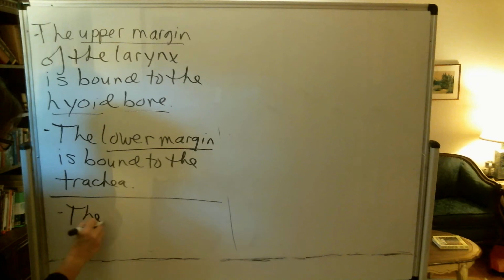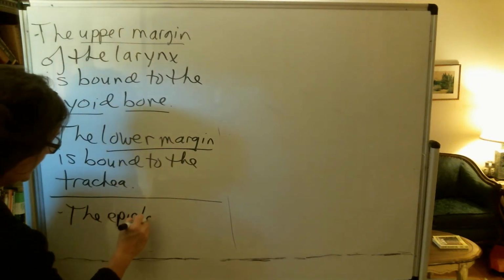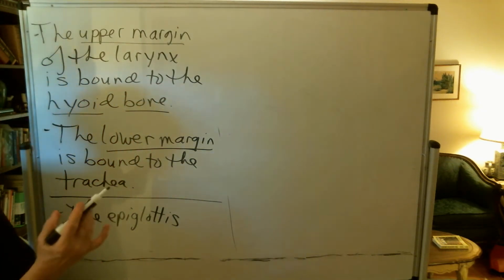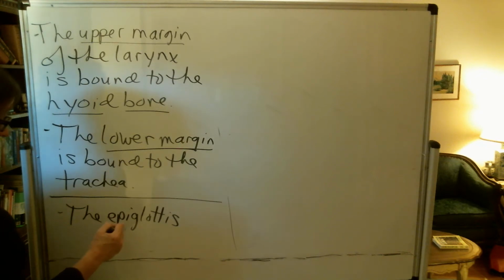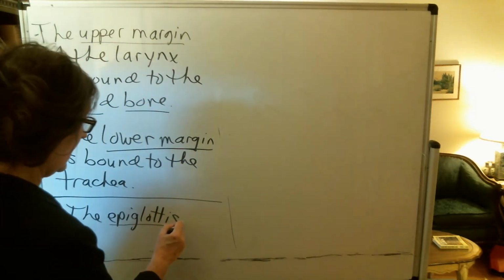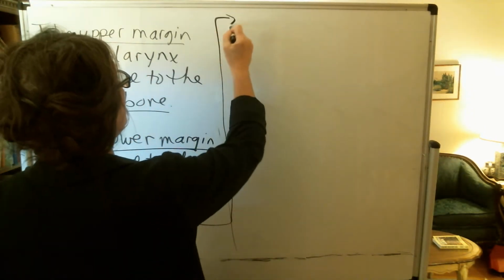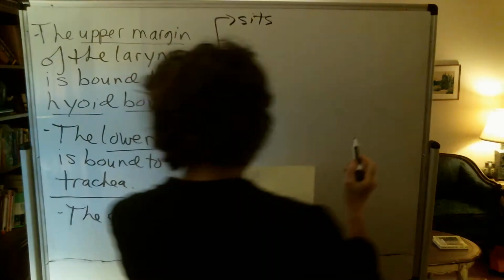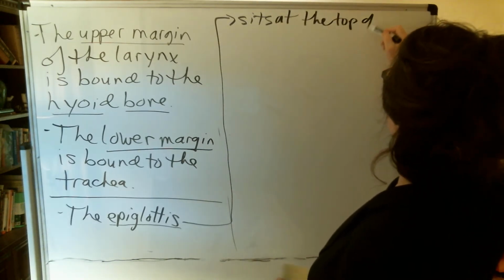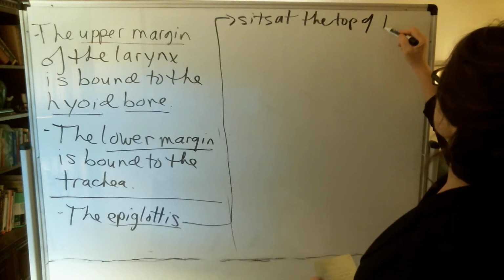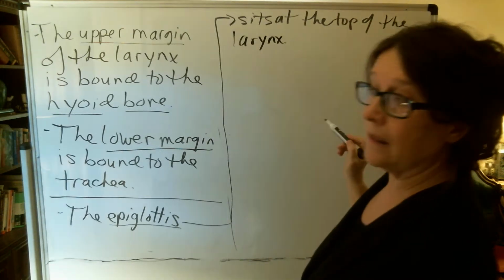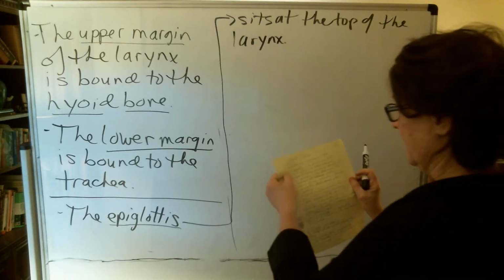Then we have the epiglottis. Now, as the name implies, epi is going to mean above. So here we have the epiglottis, that which is above the glottis. And the epiglottis then sits at the top of the larynx. I drew a diagram of this in the last lecture.